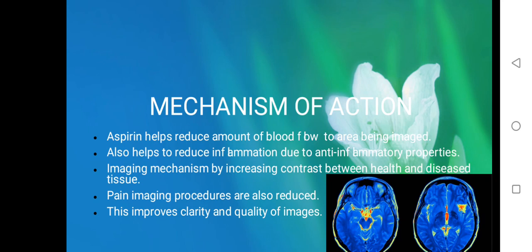As we all know, if a tissue is diseased, we can see through ultrasound that more blood will be flowing to that tissue. So that's inflammation. It is reduced, and blood aggregation, blood clotting, is also reduced. So blood will flow efficiently, thereby improving the quality of images.